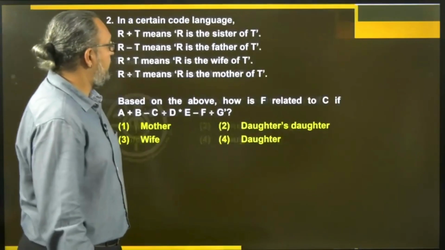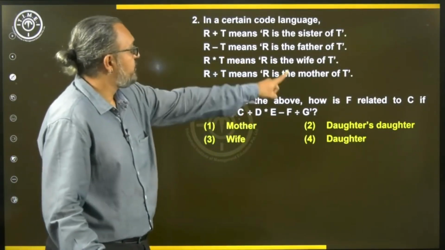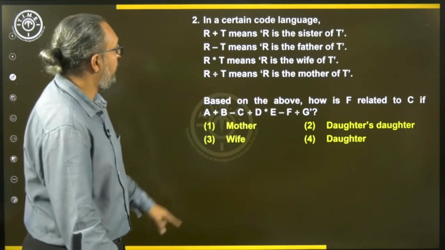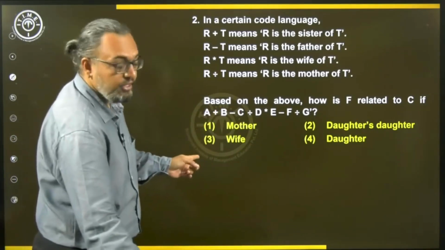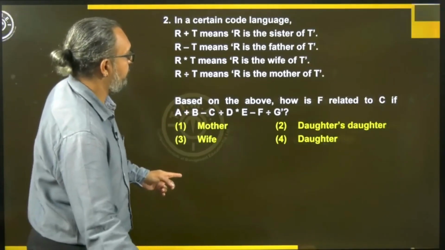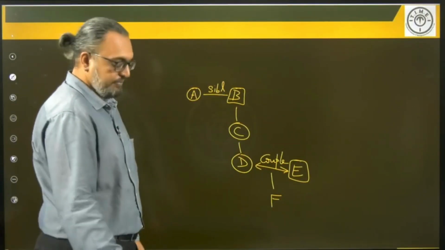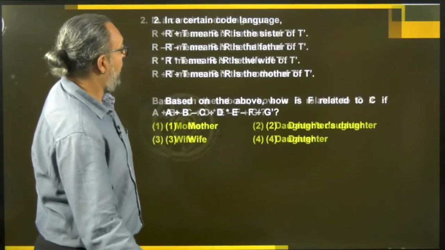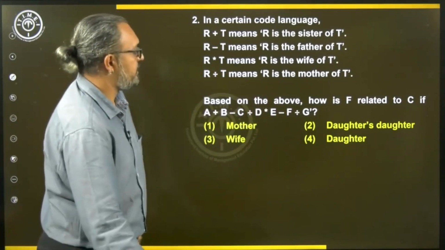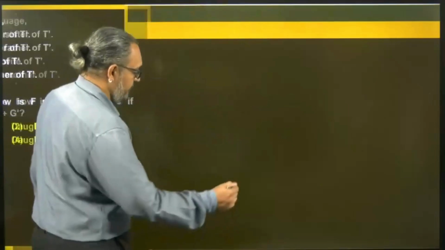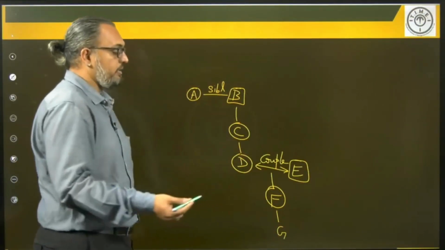Then we have E minus F, minus is father, so E is the father to F. And then F divided by G, division is mother, so F is the mother of G. So this is how I get the relation.